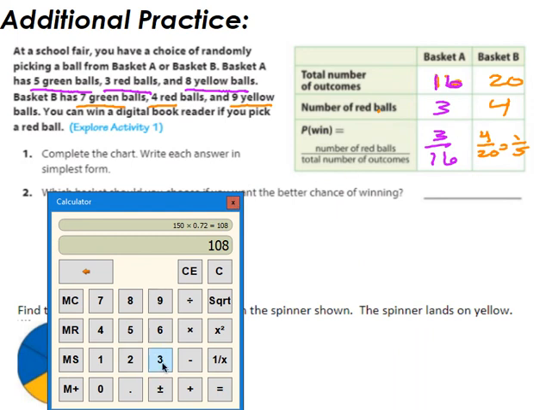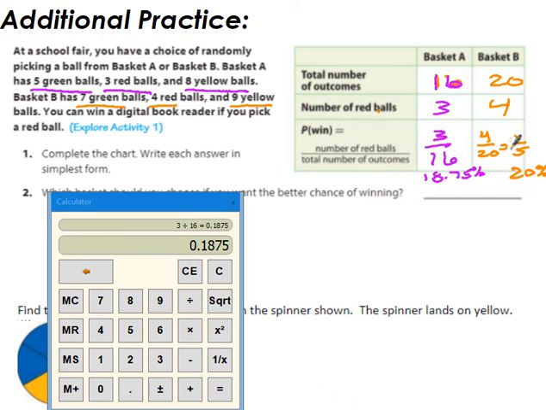So I can do 3 divided by 16. And that gives me 0.1875, but if I move my decimal over twice, that's 18.75% chance. Well, 1 out of 5, I just know that one is 20%, because 1 divided by 5 is 0.2.